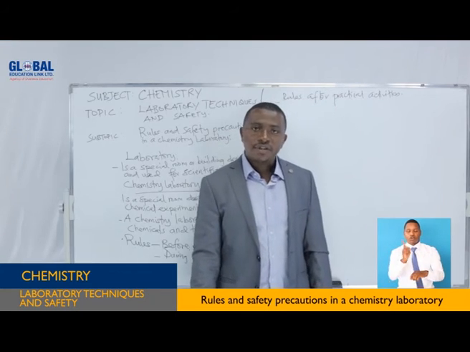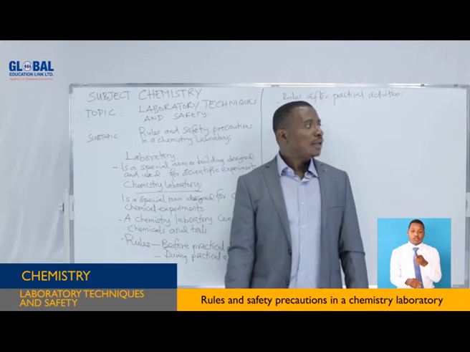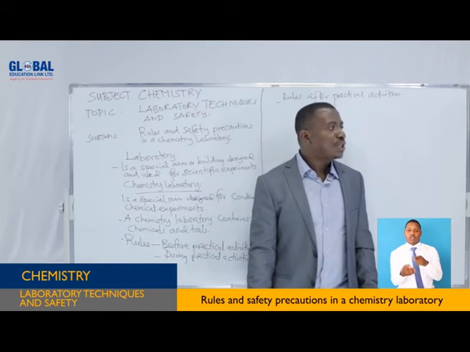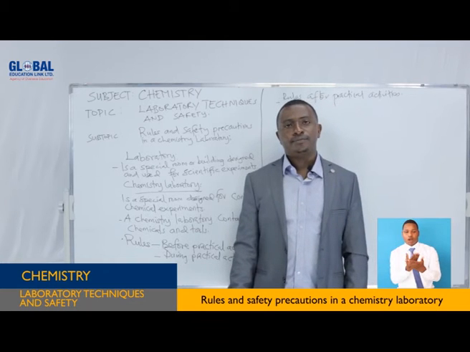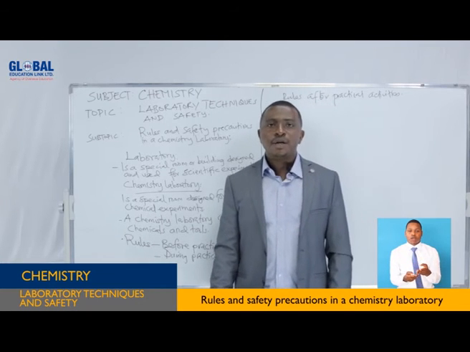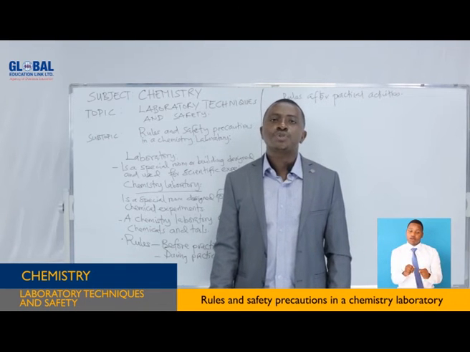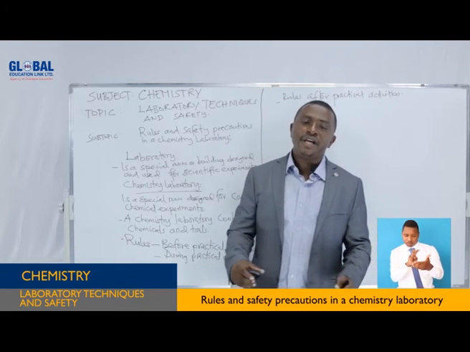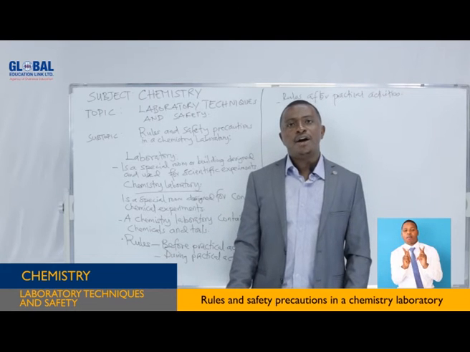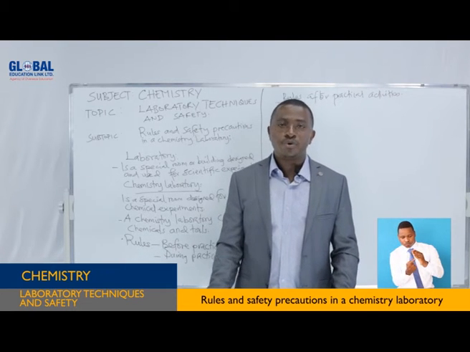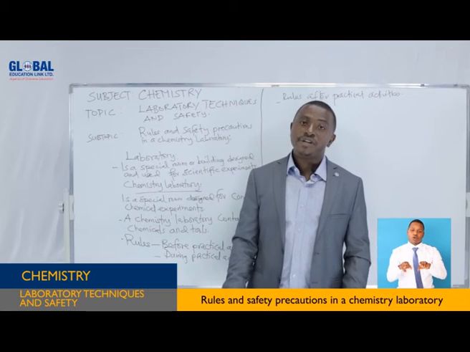You see, this rule tells us that containers for chemicals should be checked regularly. The containers of chemicals, students, should be checked regularly to see if there is a leakage, because some chemicals are volatile.